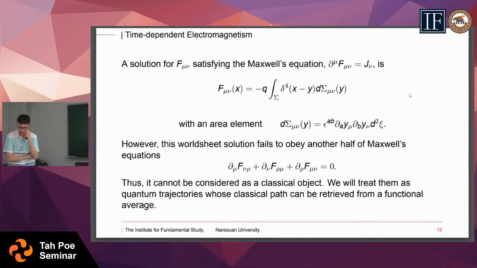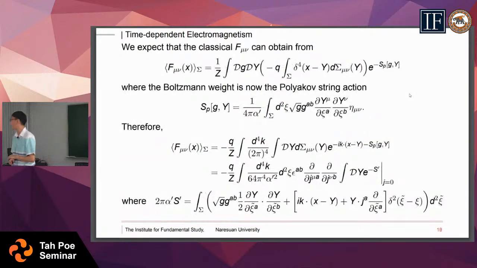Maybe we can think of the worldsheet solution as just the quantum trajectory, and in order to recover the classical theory, you need a functional average of the solution, right? Okay, we will do that.